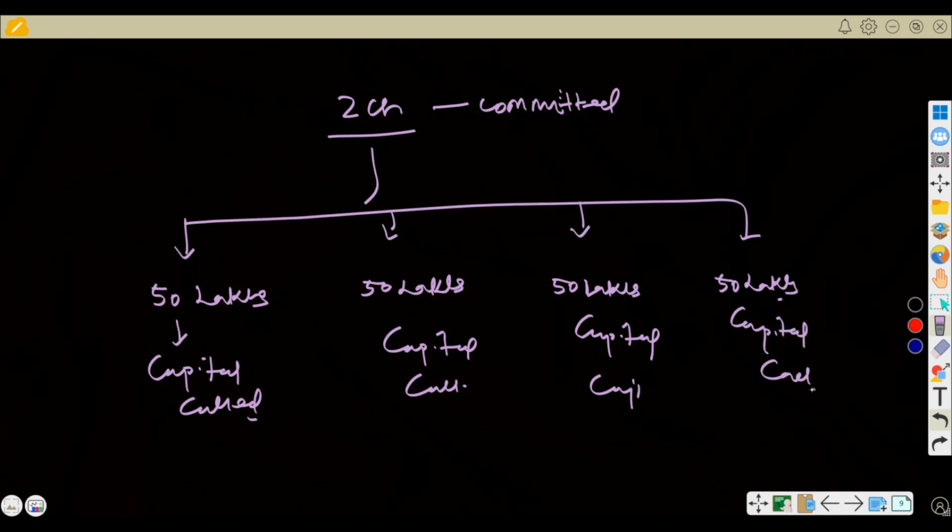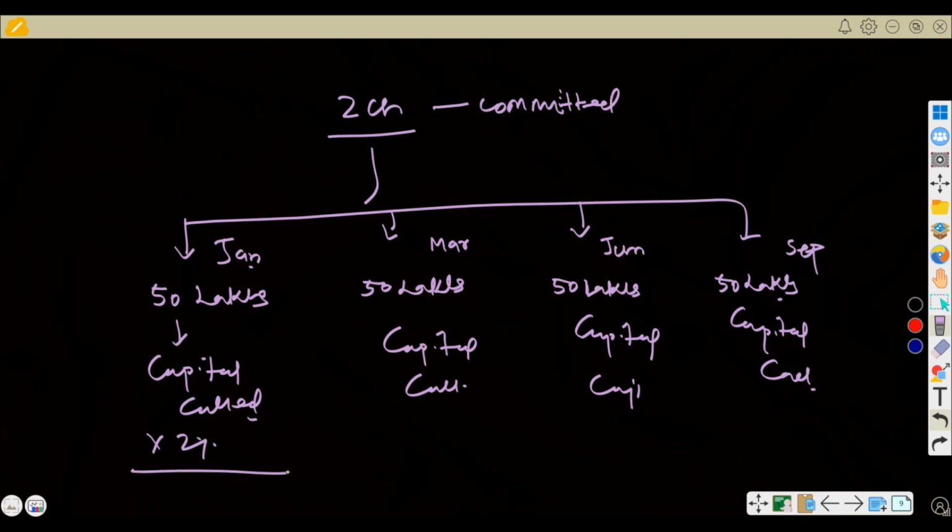Let's say this capital call is executed in January, this in March, and the others in June and September. At the time of a capital call, you can ask for the 2% fees.